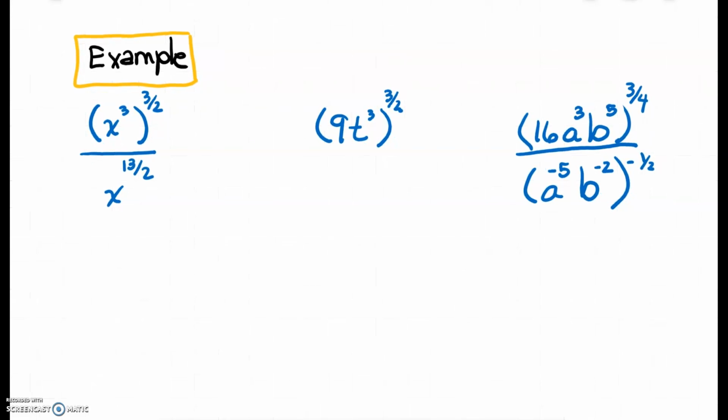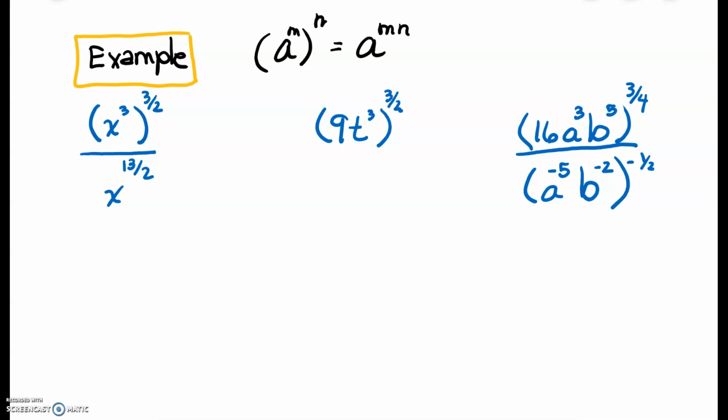Here we're going to be using our power rule. And remember, our power rule says that if we have anything in parentheses, whatever it is, and we're raising it, a to the m, raised to the power of n, what do we do with those powers? We multiply them, a to the mn. All right, so in the first example, we have a power, and we always need to work our power rule first.